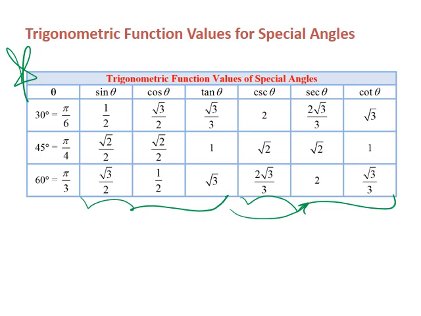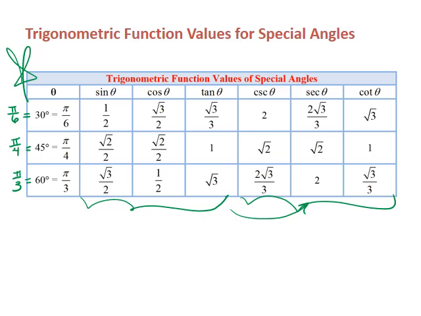Remember also that 30 degrees is equivalent to pi over 6, 45 degrees is equivalent to pi over 4, and 60 degrees is equivalent to pi over 3. The way I remember this is 6 and 30 and 3 and 60, they're kind of opposite, so that's how I remember that.